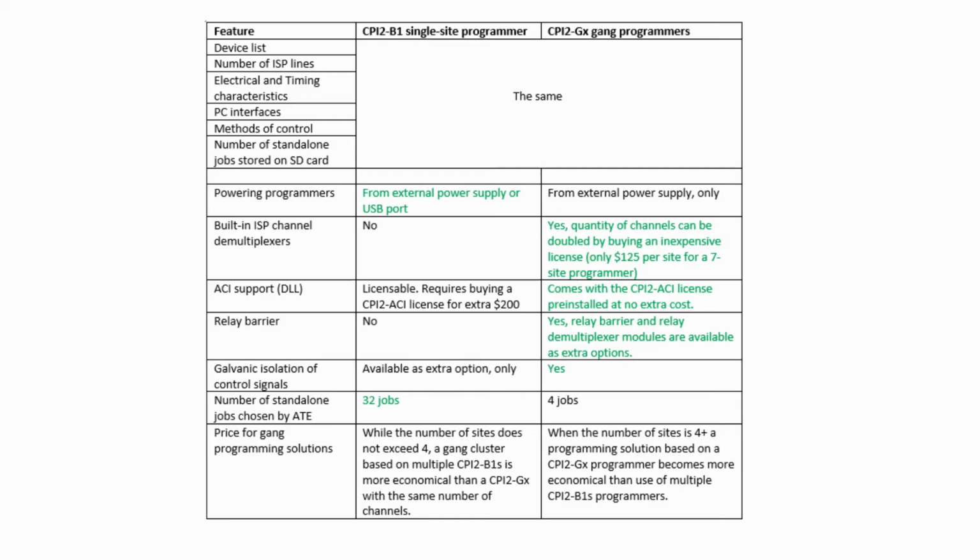In some programming scenarios, it is possible to use either multiple CPI2-B1s connected in a programming cluster, or a CPI2-Gx programmer. Choosing between these alternatives requires considering the key parameters and properties of the two programmers in the family. In other use cases, it is clearer which programming unit or units is the better choice.